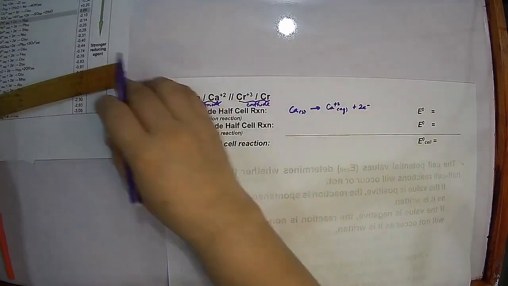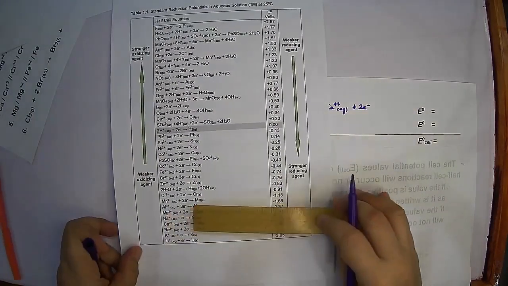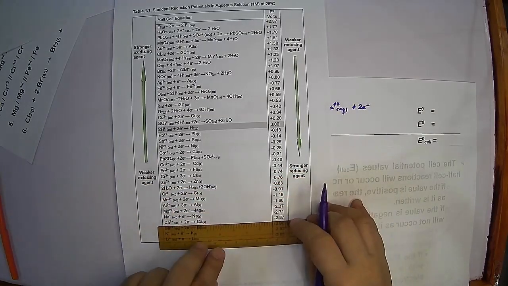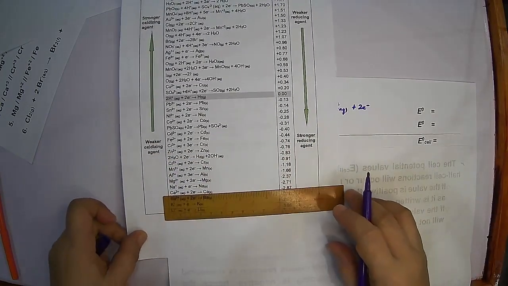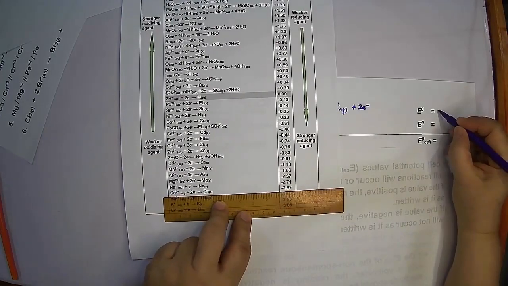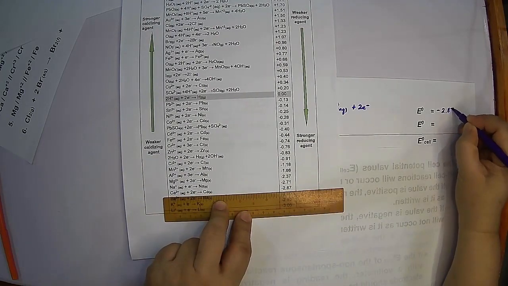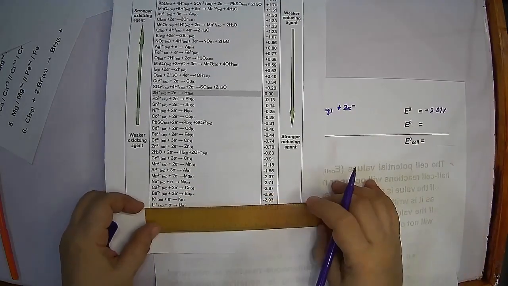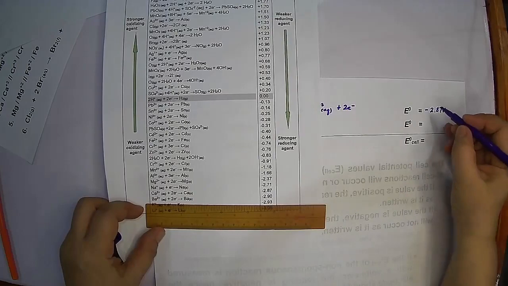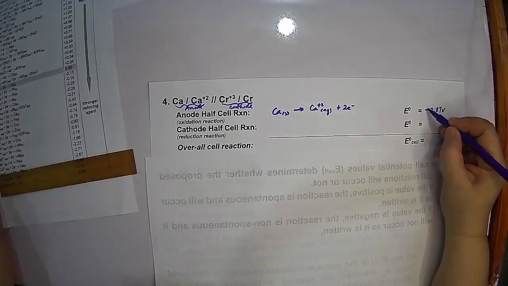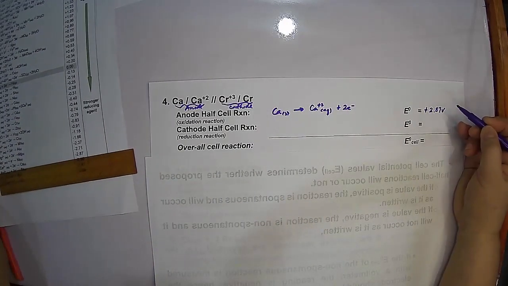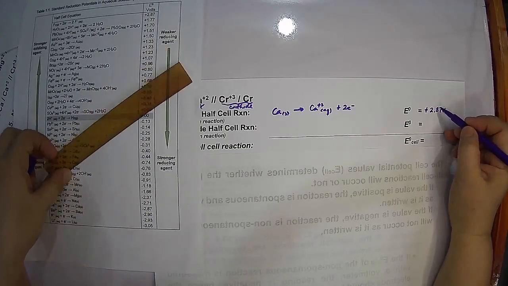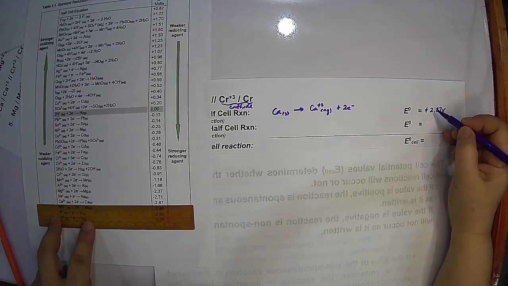Again, in reference to your table for calcium, we have negative 2.87 volts, and that is a reduction potential. So we take the reverse of the sign, the negative of a negative, and that is positive.